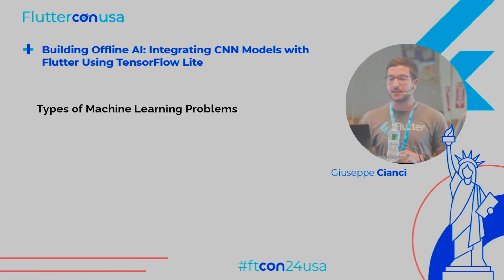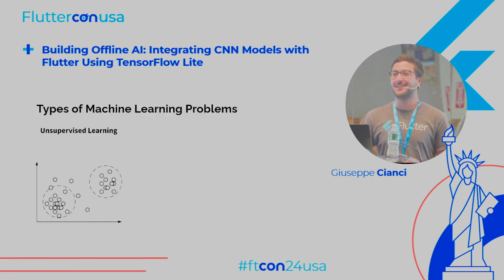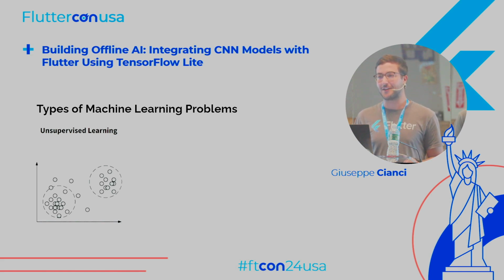And the three kinds of machine learning problems you have are, unsupervised learning. That's when you have unlabeled data. So this is used for things like clustering. For example, when Cloudflare blocks you from accessing a website, it's probably because they detected that your traffic looks like an anomaly. So it would be like a point somewhere out here which does not look like the normal distribution.